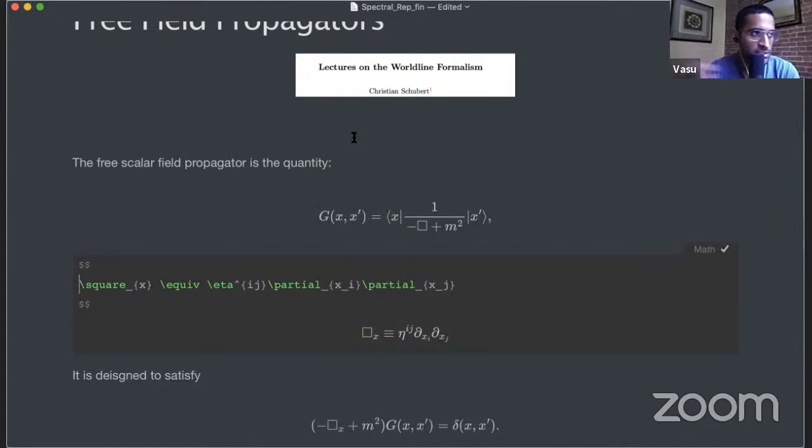But we'll bolster this intuition by looking at a worldline representation for this quantity. For now, in terms of symbols, it looks as though it's an inverse of a differential operator. In particular, the differential operator is the D'Alembert operator plus the square of this quantity we call the mass.